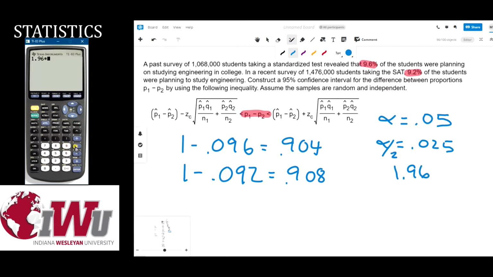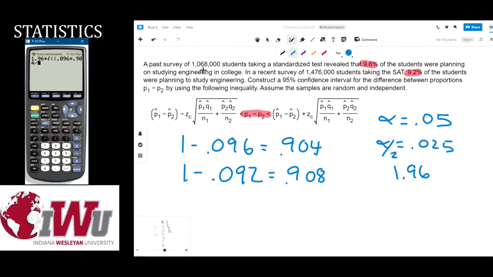1.96 times, now we have a square root, and we can do a bunch of different grouping symbols here. So let's group that, P1 and Q1. P1 was 0.096 times 0.904, and that's divided by N1.